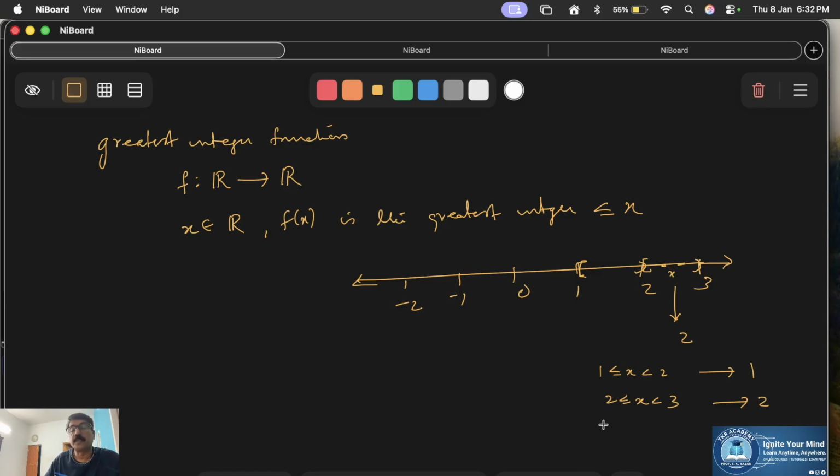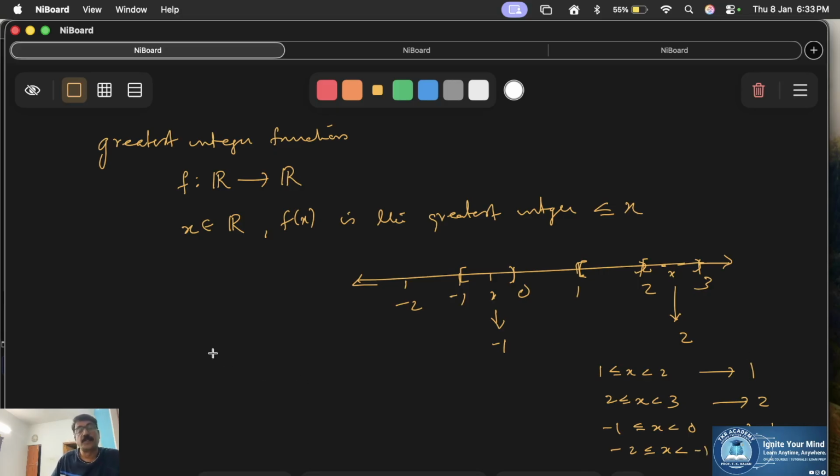For minus 1 less than or equal to x less than 0, in this interval for any x, it takes minus 1. For minus 2 less than or equal to x less than minus 1, it is minus 2.